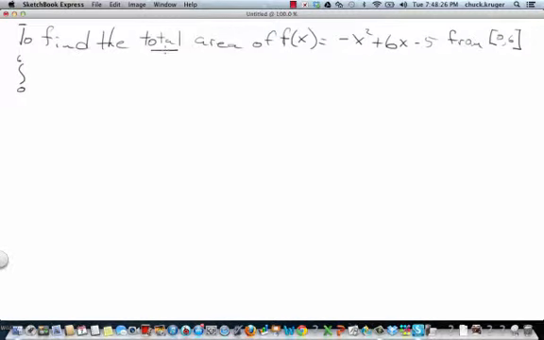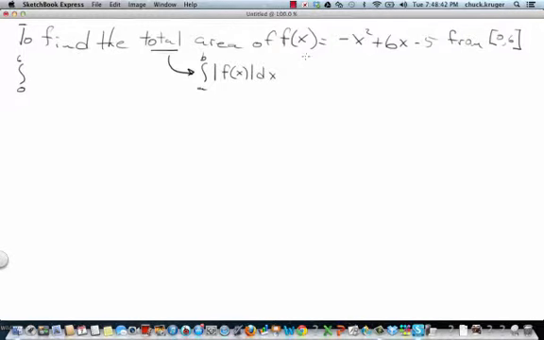So we're looking at total area, what we're going to do is use absolute value. One note here: when you're asked for total area, you integrate from a to b of the absolute value of f of x dx.